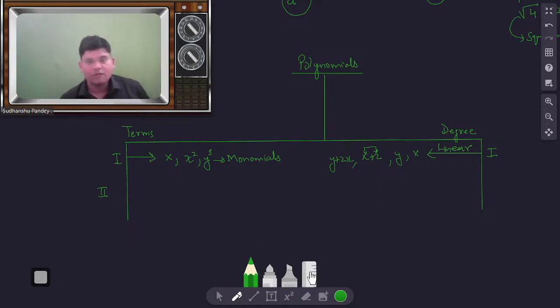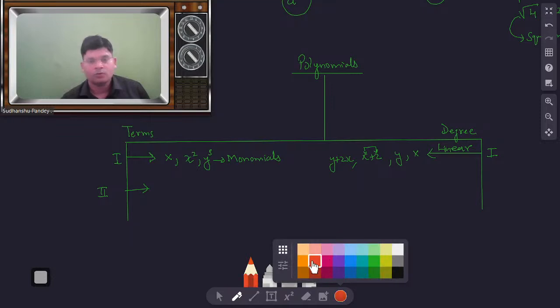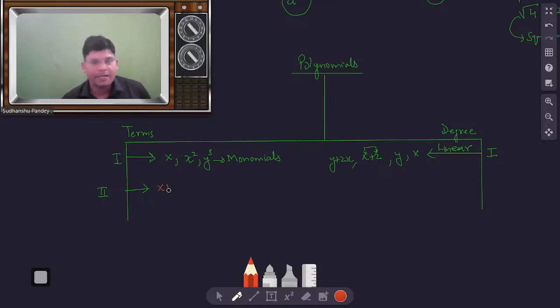Yes. If the number of terms is 2, suppose I am writing x plus 2 or x cube plus x square, then it is known as binomial.